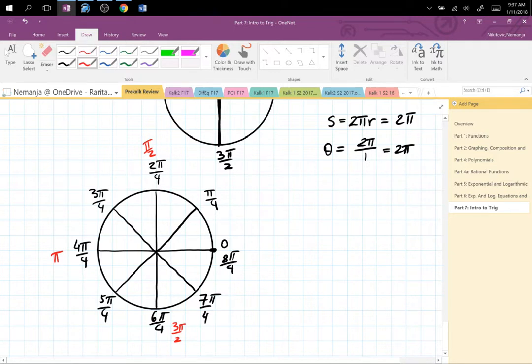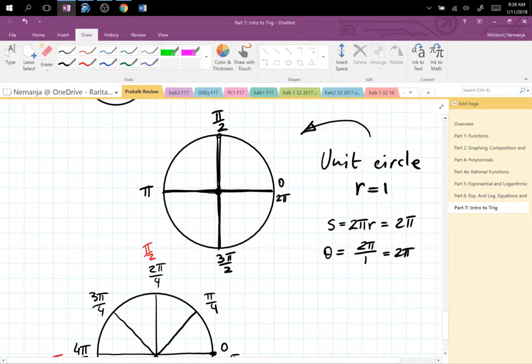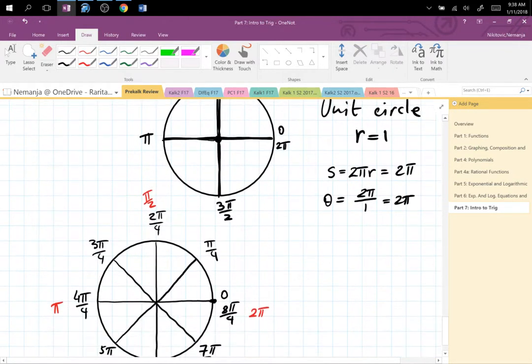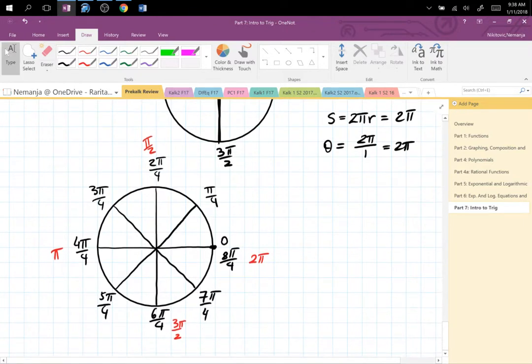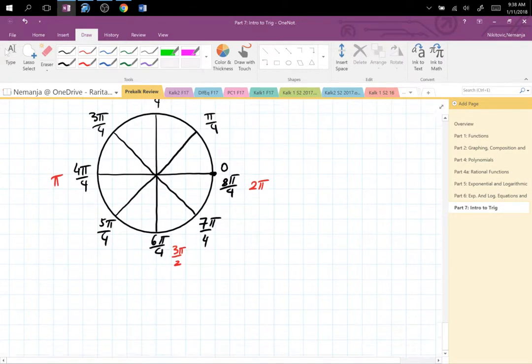Yeah. And how about 8 pi over 4? 2 pi. Is that what we had before? Yes. It has to be. Otherwise, we broke mathematics. We go home and don't worry about it. You just have to count. 1, 2, 3, 4, 5, 6, 7, 8. You're done.